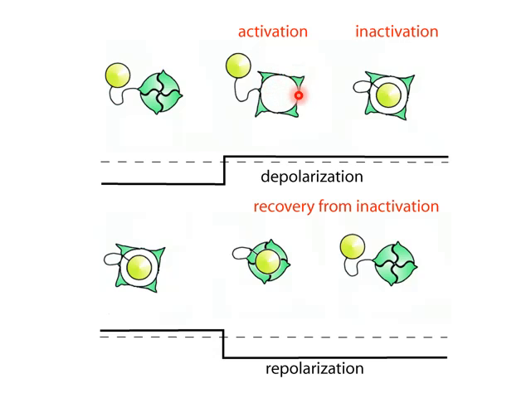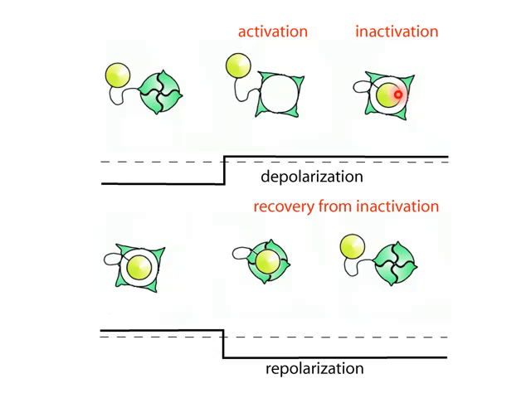Now, the activation gate opening causes a conformational change in the channel protein, allowing another segment of the protein on the cytoplasmic side, the so-called ball and chain, to swing into place, and this blocks up the inner entrance to the channel pore.